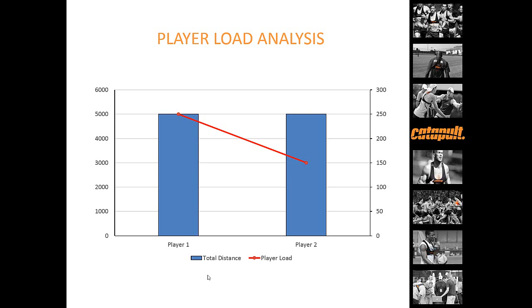So, if you looked at that, you'd say maybe player 2 just moves a lot more efficiently. So that might be one possible explanation. Player 1 might just be tired. So even though he's done the same external work, it's cost them a lot more. Or the third part could be the fact that, as we mentioned before, different sizes, different types of players and people, it just causes that value to be higher for that player.